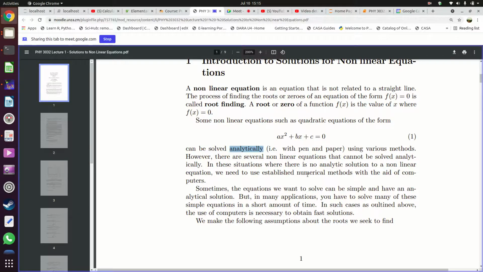Are we clear? There are some equations you can work out with your pen and paper, that's fine. But there are also other nonlinear equations which you cannot work out using pen and paper. You've got an equation of this form, but it's nonlinear. Some you can work out with pen and paper, so we can find the solution analytically. There are others you cannot.